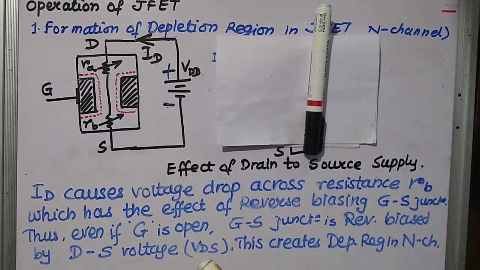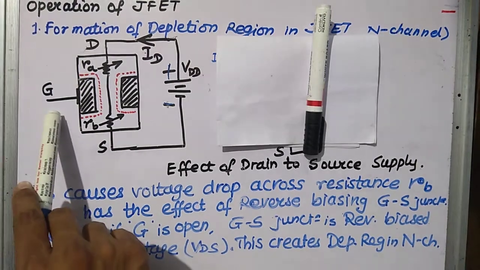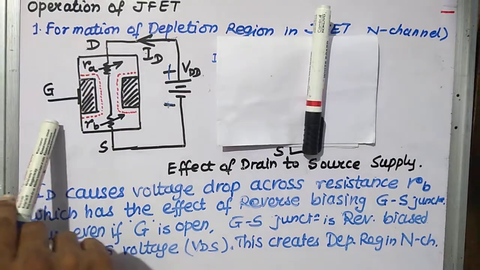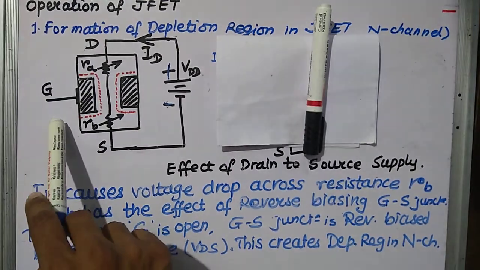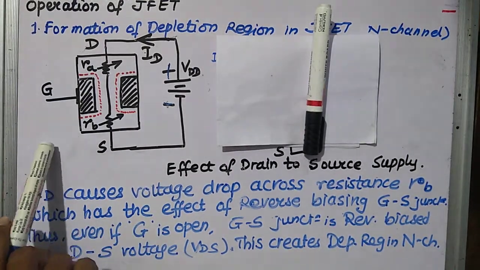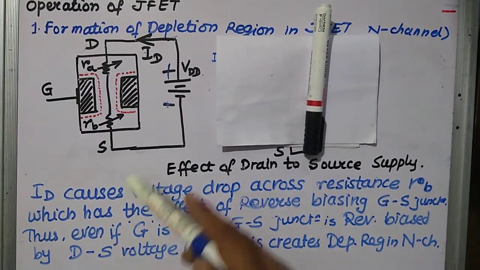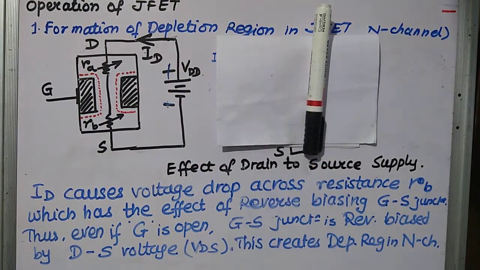So the point is, even if the gate terminal is open, the gate to source junction is reverse biased by the drain to source voltage.